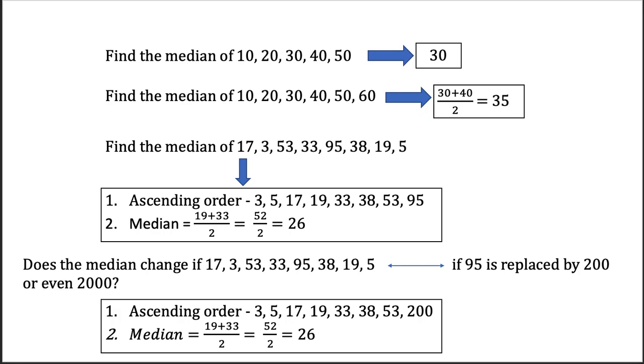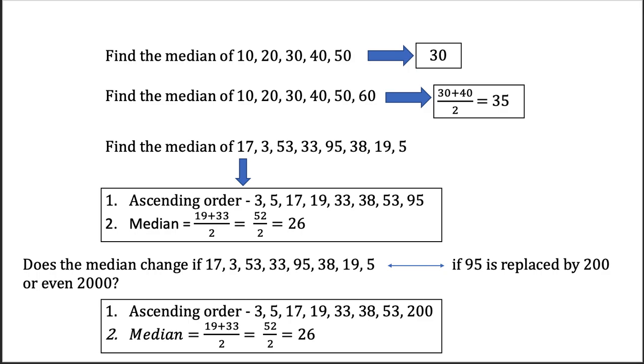You can go directly to the last step, which is finding the middle number, which is 30. Now this is a set with five numbers, so odd numbers. Here it is easier to spot the middle number because there are two numbers before it and two numbers after it. So finding the middle number was easy.